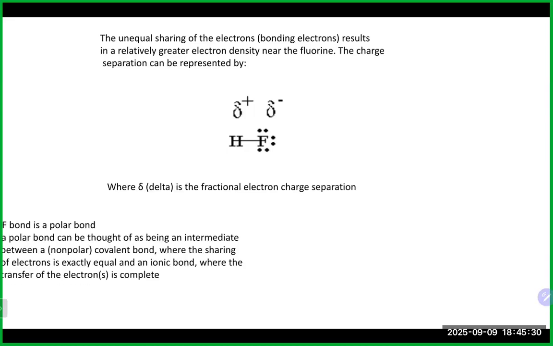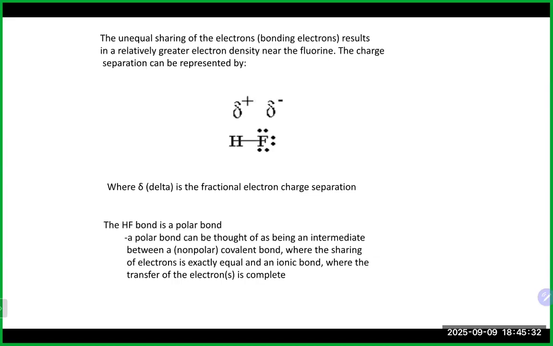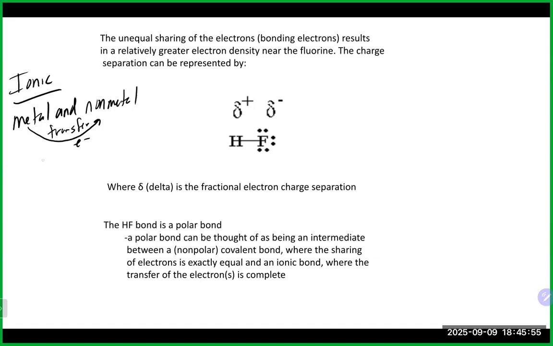So we can think about the three types of bonding that we talked about this way. On one end of the extreme, we have an ionic bond, and that is always going to be between a metal and a nonmetal. That should be almost a no-brainer. As soon as you see those two things, you should know it's ionic. You should know there's no sharing of electrons. You should know there's going to be a transfer of electrons from the metal to the nonmetal, resulting in a cation being formed from the metal and an anion being formed from the nonmetal.